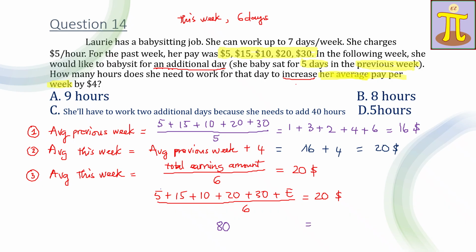Equal, we multiply both sides by 6. So we cancel this one. We have 80 plus E equal 120. So 5 and 15 and 10 and 20 and 30, this is $80 total.